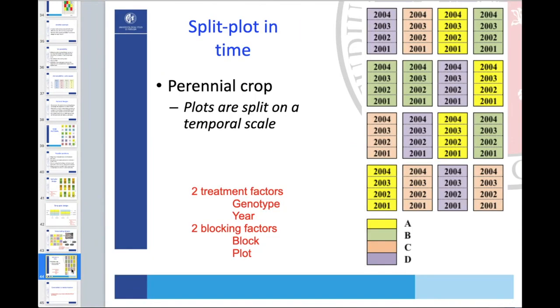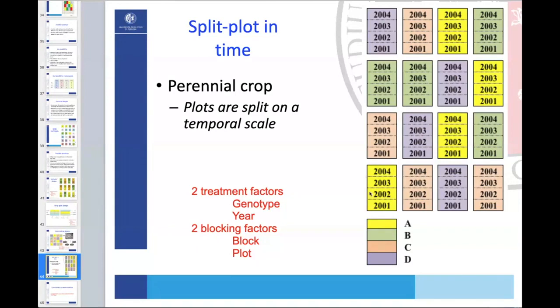And here we have another example, which is very important. So this is a factorial experiment. Well, indeed, this is a genotype experiment. So this would be a randomized complete blocks design. You see, the colors are the genotypes, and the yellow one is for the genotype A, the green one for the genotype B, and so on.